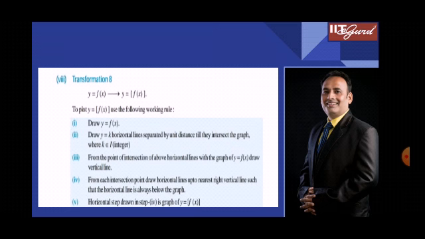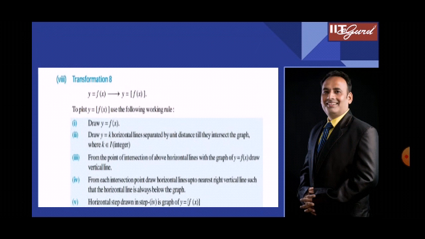This is the complete analogy. Draw y equal to fx, draw y equal to k horizontal lines separated by unit distance till they intersect the graph, what we have done with the red lines, where k belongs to integer.